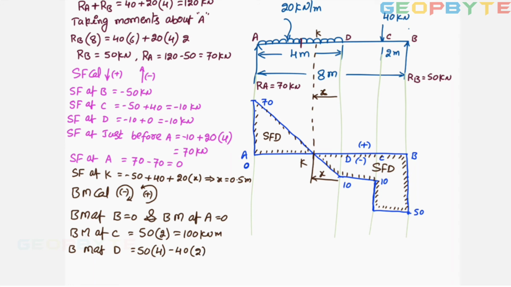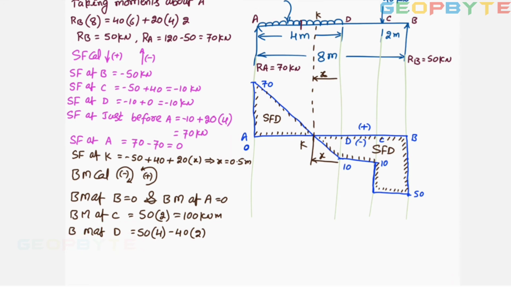That is the BM at D. It is 200 minus 80, which is equal to 120 kilonewton meter.